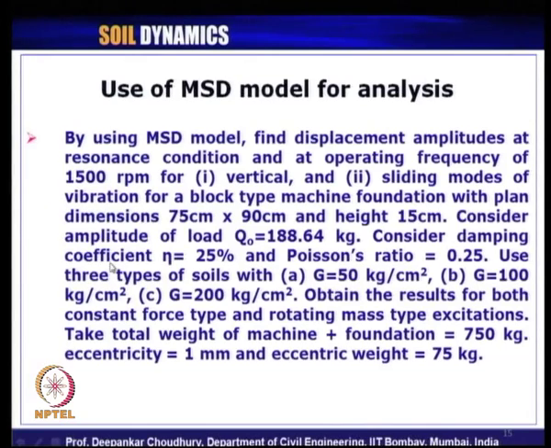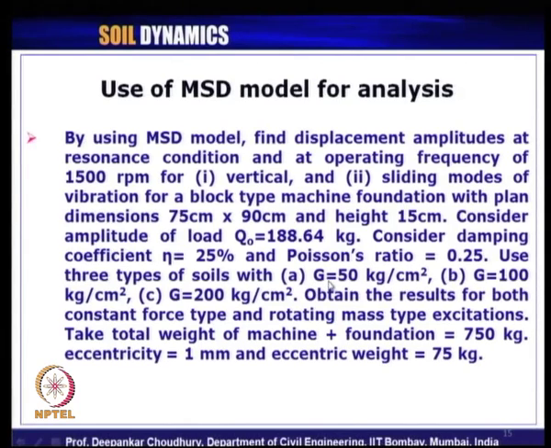It is given to us that the amplitude of the dynamic load which is applied externally on the foundation is 188.64 kg. Of course, this is kg force. Remember, this is kg force I am talking about. Consider the damping coefficient eta as 25% and Poisson's ratio of the soil as 0.25. Again, let us use three types of soil.